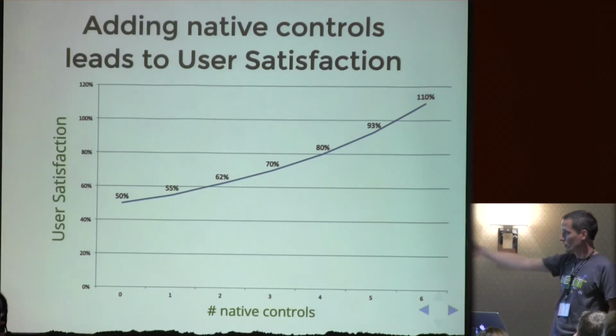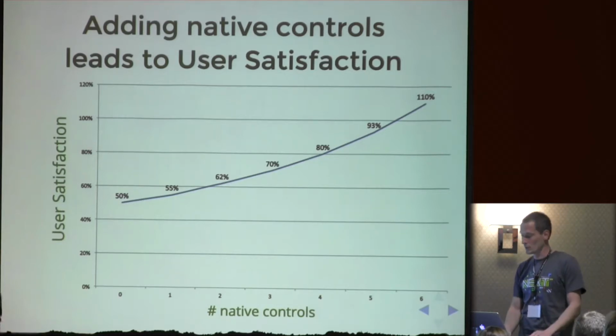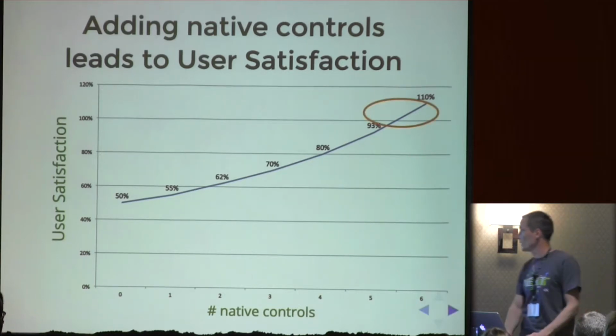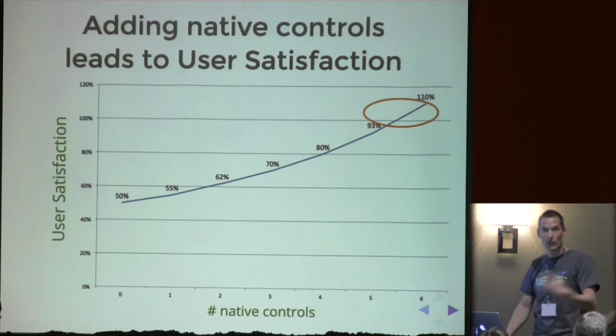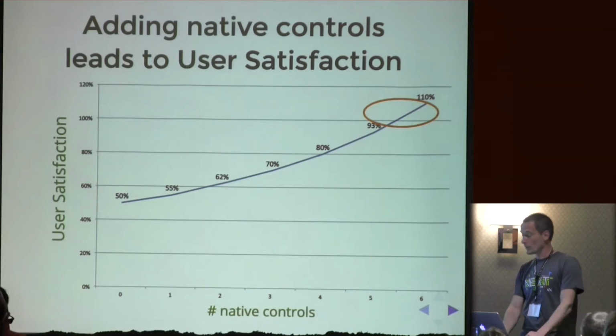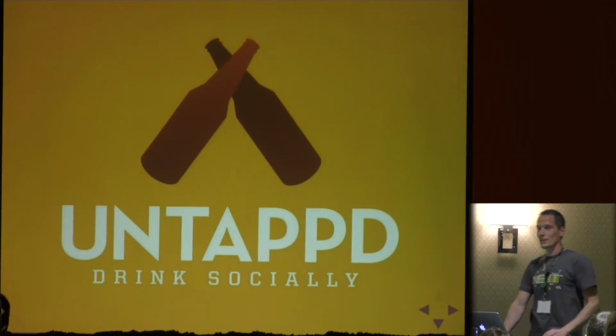I have to say, you don't start off with 0%, of course, because your PhoneGap app is awesome to begin with, but it accumulates with time when you add plugins, and once you have about 5.5 plugins, you get at 100% user satisfaction. And if you want to satisfy your users even more, well, knock yourself out, you can add more plugins, just like this app did.